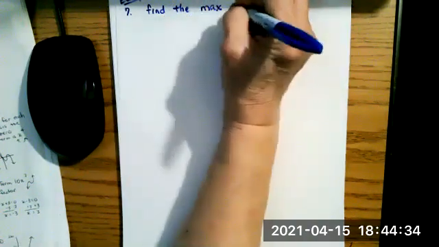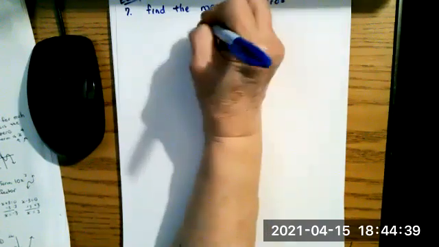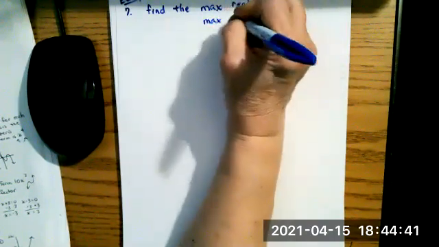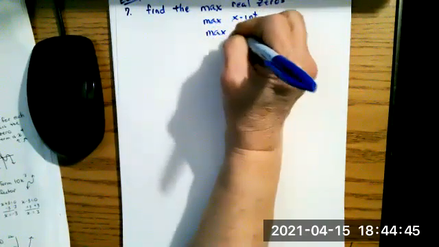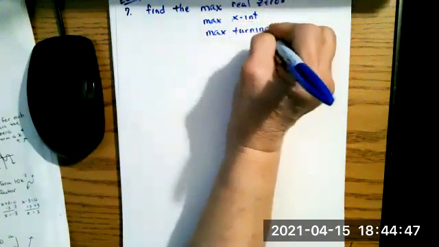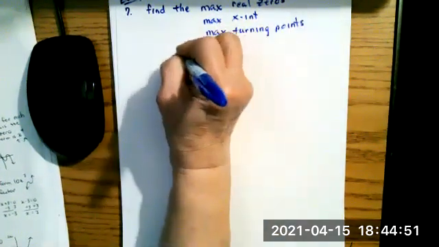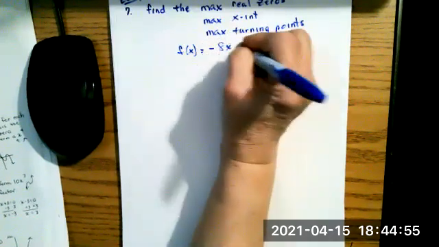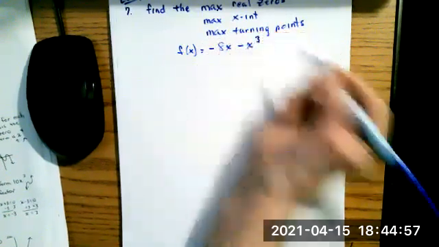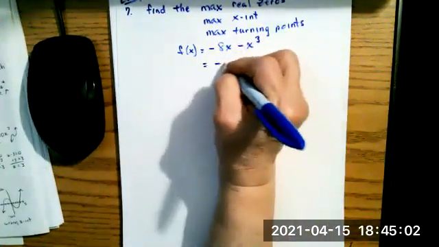Find the maximum real zeros, the maximum x-intercepts, and the maximum turning points. And you get f of x equals -8x minus x cubed. And remember, you might want to turn this around.